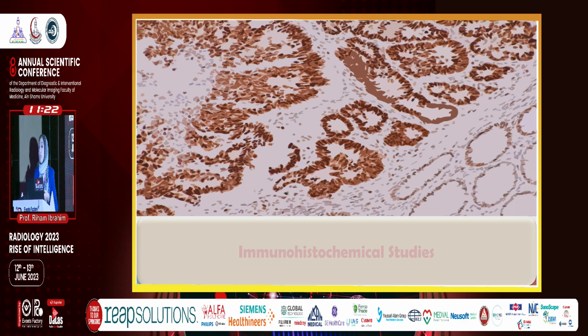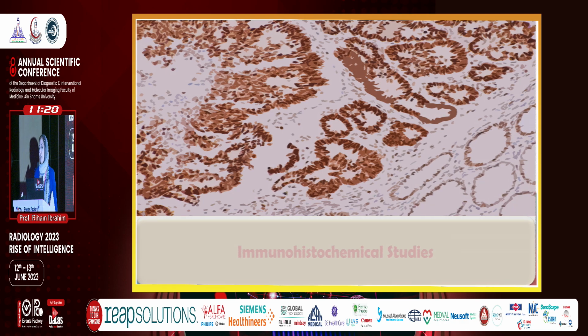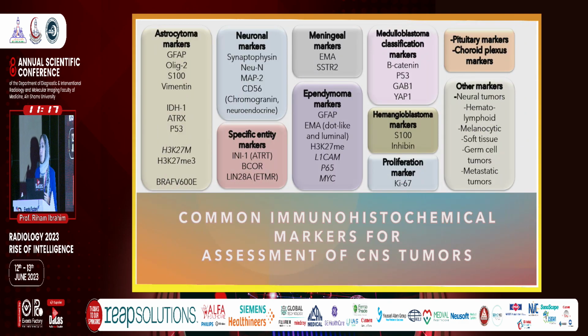So now we move to the next step of validation, which is immunohistochemistry to predict the nature of the cells. Actually, we have a long list of immunohistochemical markers that we can use to investigate the nature of the tumor. What we do is a cocktail, according to what I see. Now, if I go back to the slide of differential diagnosis, my top suspects are ependymoma and medulloblastoma, but I'm leaning more toward ependymoma because of the quality of the rosettes.